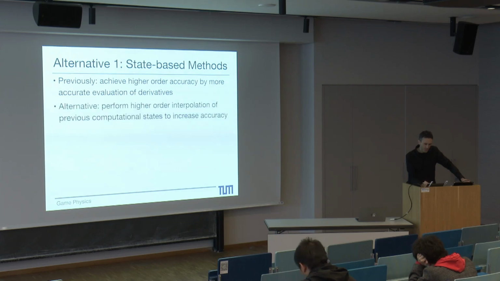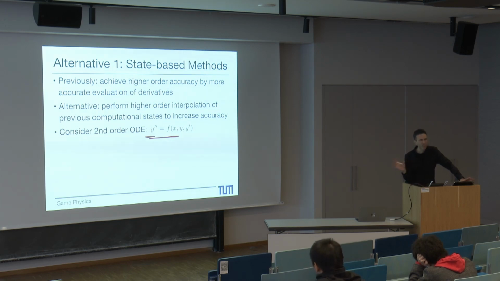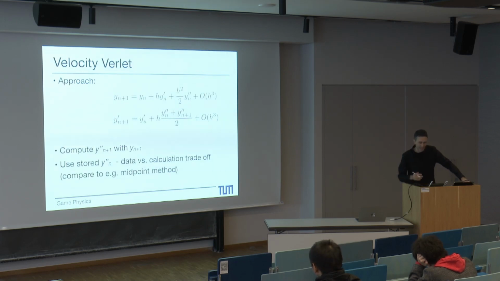So the idea here is typically put to practice for higher order ODEs. So for this example, I actually need to go back to a second order one. So here we have some of this position and velocity. It's not so nice, or as far as I know, there's no good example to show this with, like the one with the E function. But nonetheless, I think the idea is pretty clear.